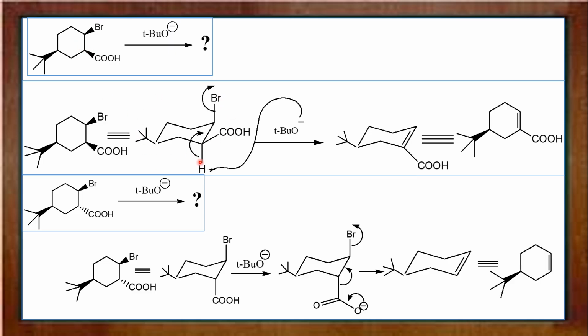This is a very important point you should remember. Whenever a problem is given with the hexagonal structure, you should convert it into chair form. Only then should you predict the product.